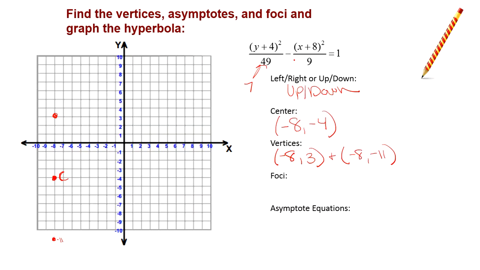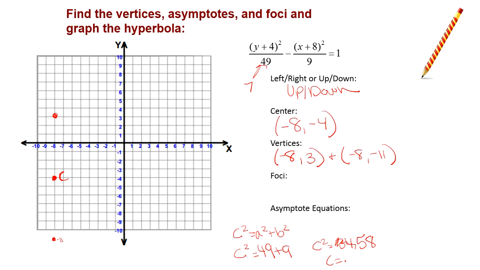Okay, now my foci, let's find them. I'm going to have c squared equals a squared plus b squared. I do not know c, because c is the distance from the center to the focus, but my a squared is 49 and my b squared is 9. So c squared equals 58.